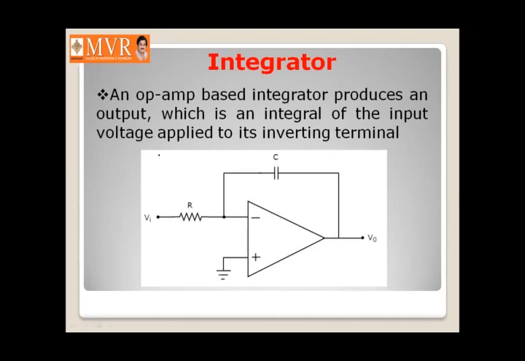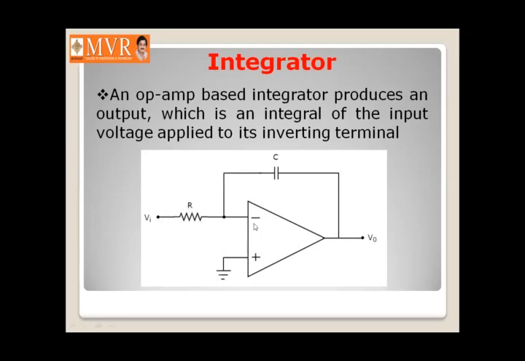So the same thing here we have observed, and in the feedback path we are going to connect the capacitor, and here to the inverting terminal we are going to connect the resistor.